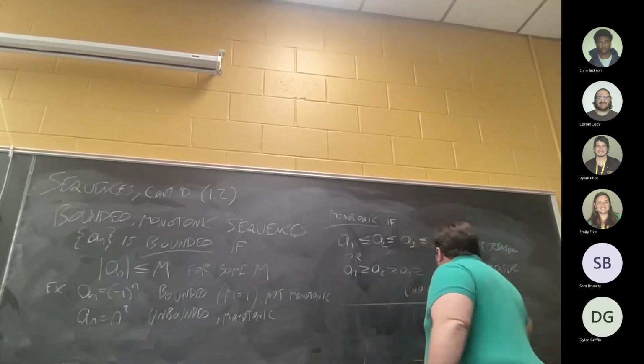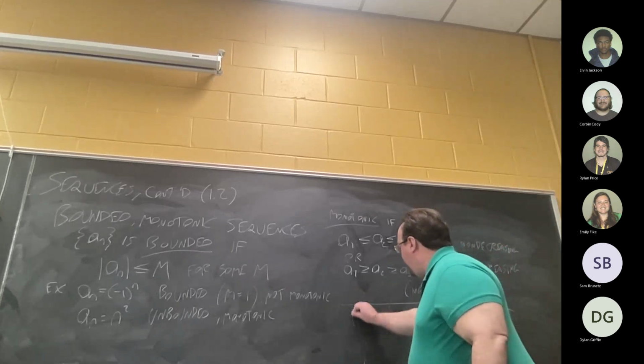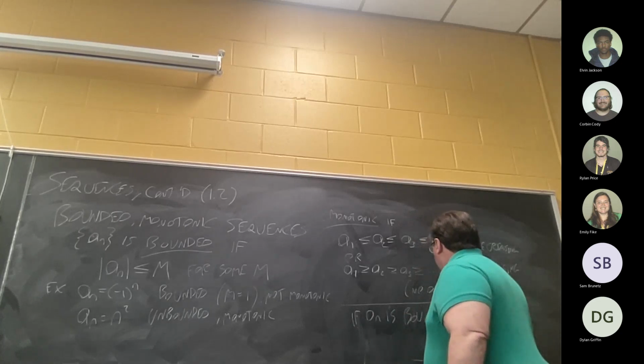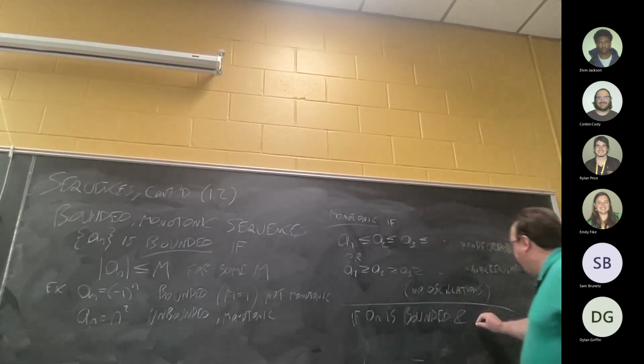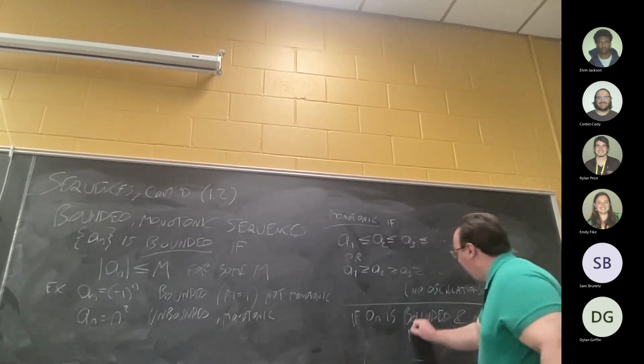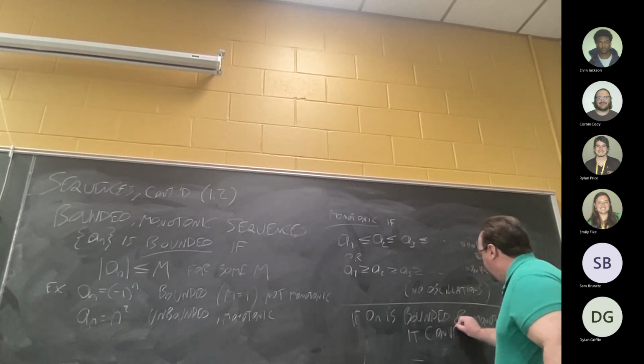So if a sequence a_n is bounded and monotonic, it converges.